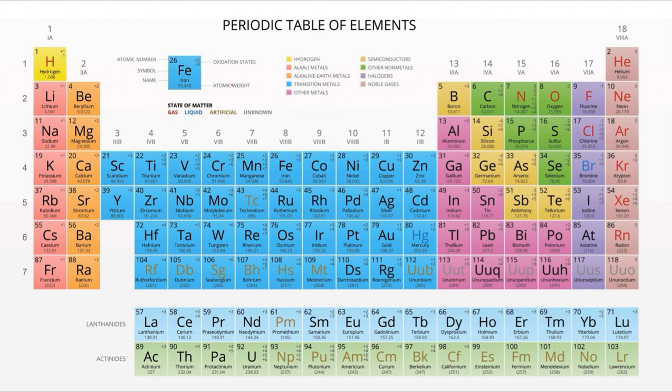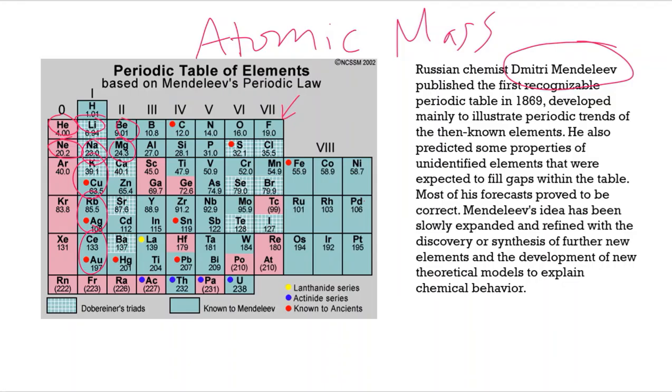The modern periodic table is ordered according to the atomic number, not the atomic mass as Mendeleev did.